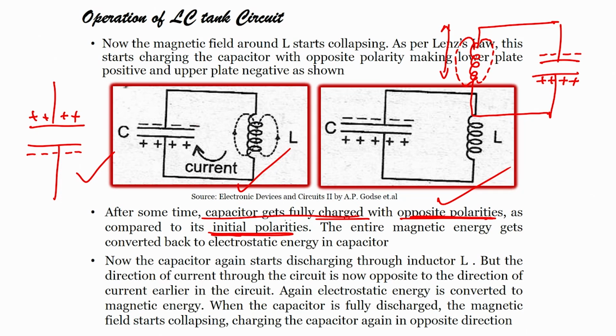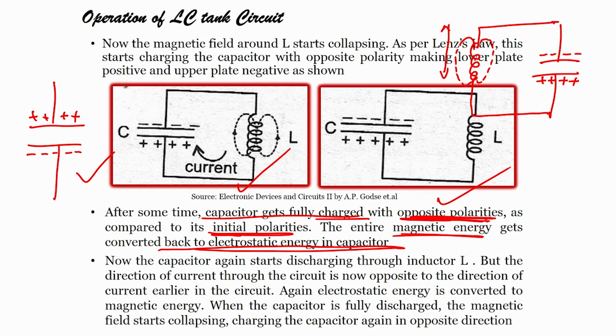So, the capacitor gets fully charged with the opposite polarities, right. The entire magnetic energy gets converted back to the electrostatic energy in the capacitor, correct. So, when the inductor starts discharging, the entire magnetic energy will be converted back to the electrostatic energy.